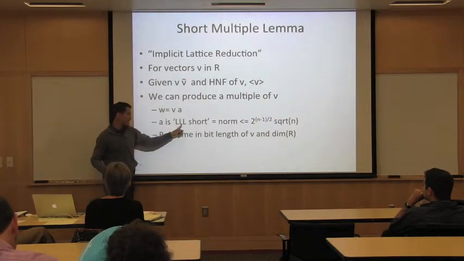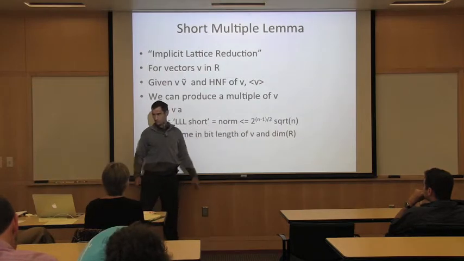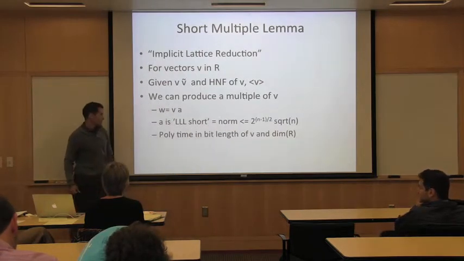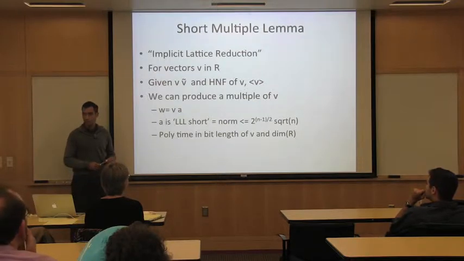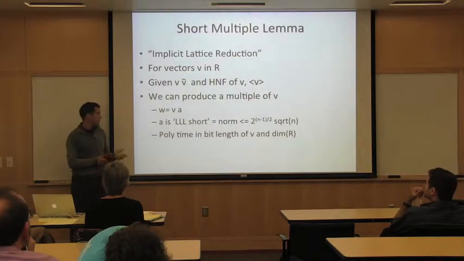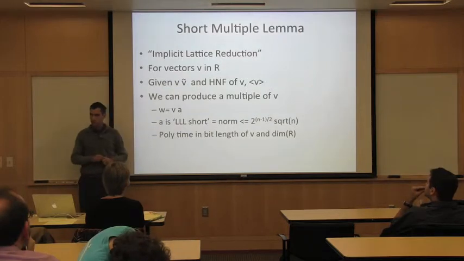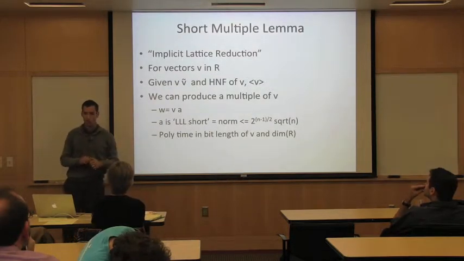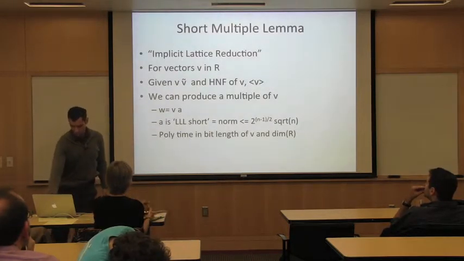It's shorter than the LLL bound. Okay, and it's polynomial time in the same way that LLL is polynomial time. So that's one of the obstacles that we dealt with, and that's one of the ways you use v times v conjugate. Okay, so that's the short multiple lemma. We'll call it that.